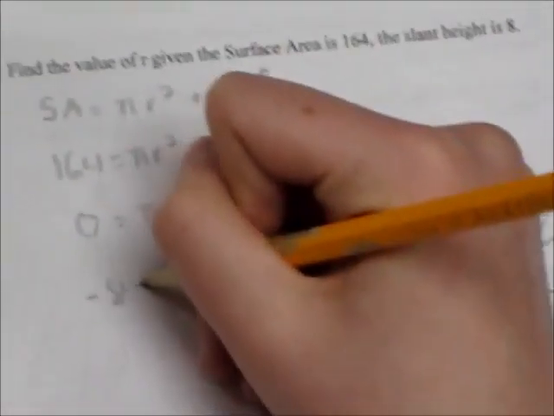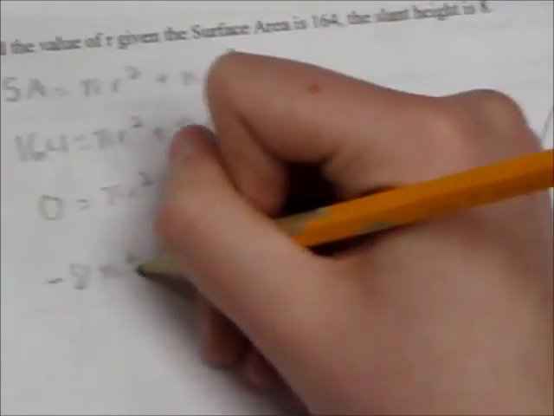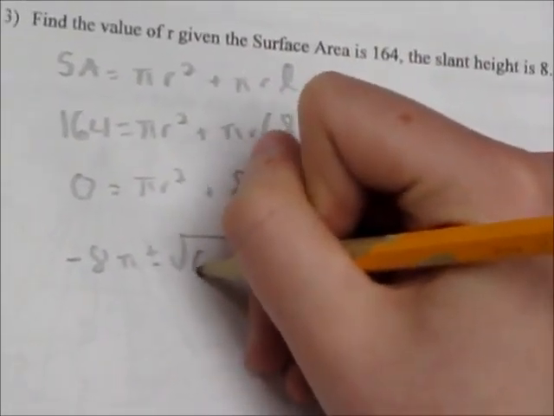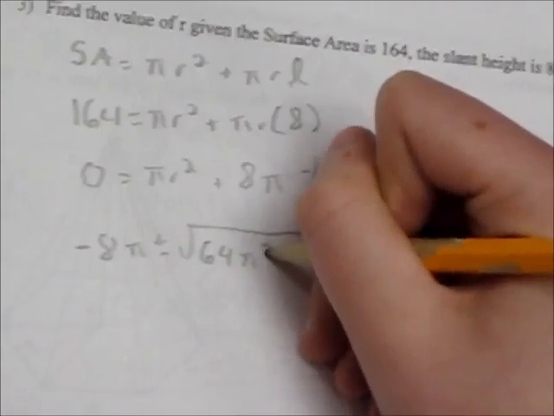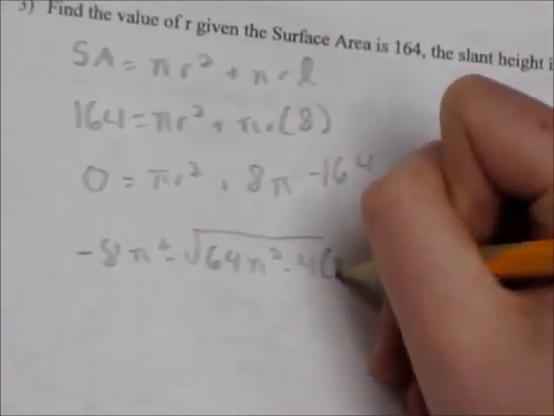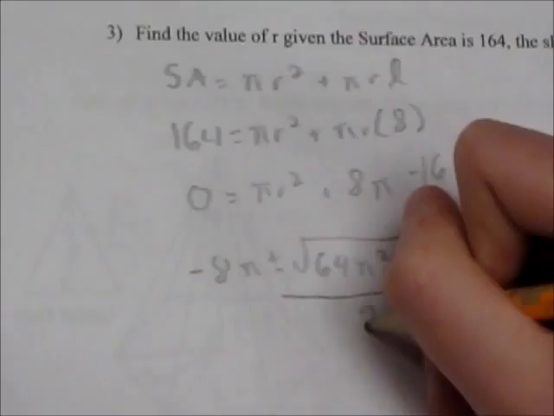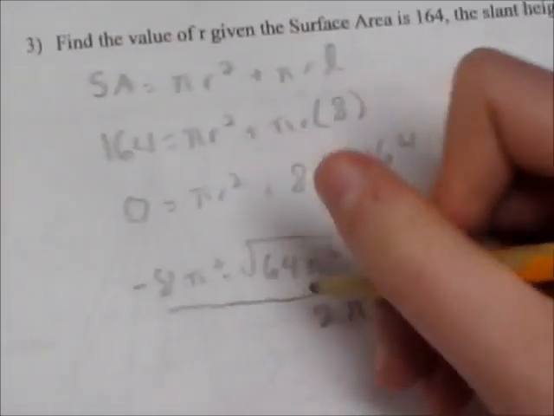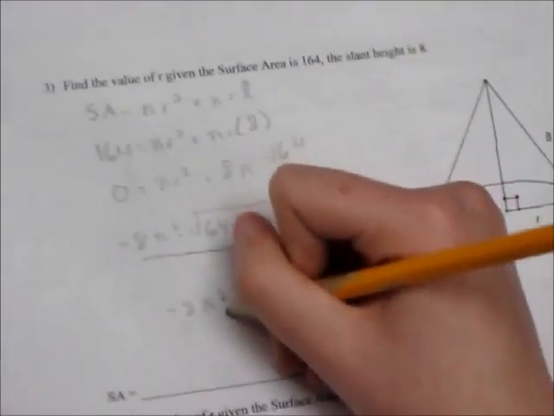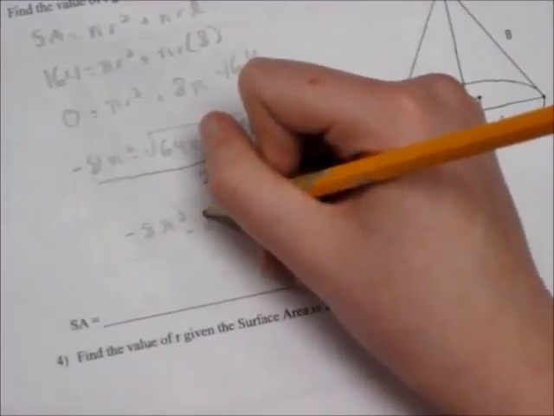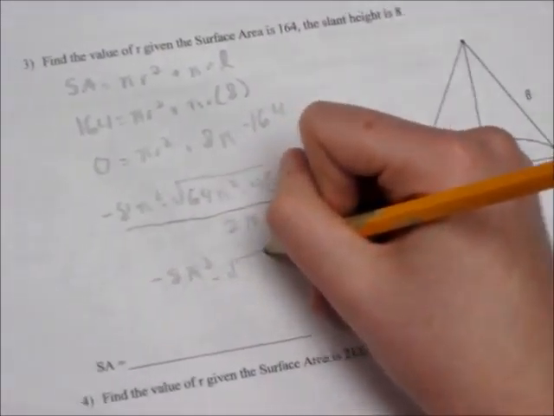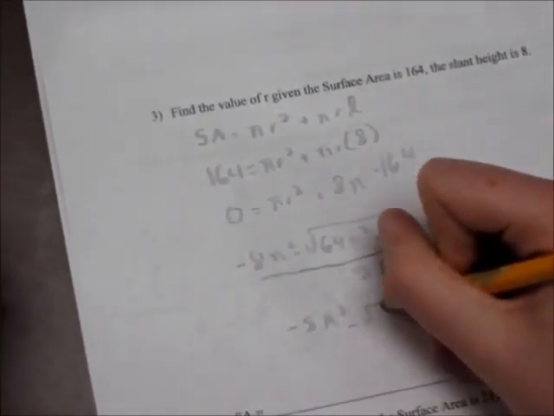I like this one because when you have the pi signs in it, it looks really cool. So you have the opposite of 8 pi plus or minus the square root of 8 pi squared minus 4 times pi times negative 164. Then you simplify down, you get negative 8 pi plus or minus the square root of 8 pi squared plus 656 pi, divided by 2 pi. So you have lots of pieces of pi in there.